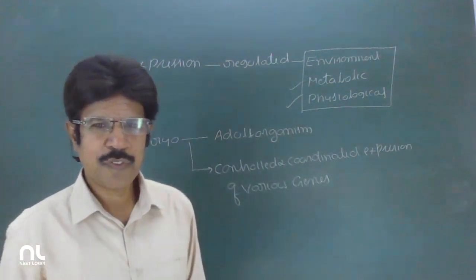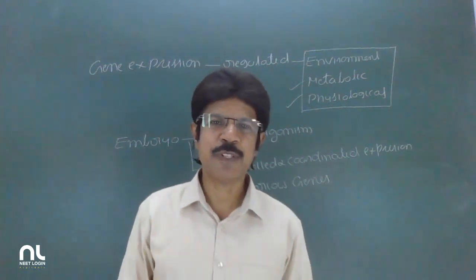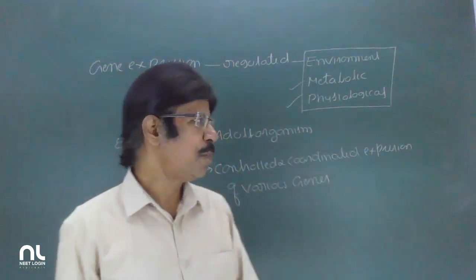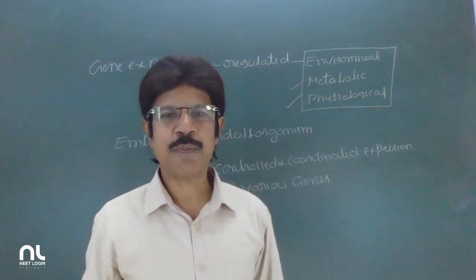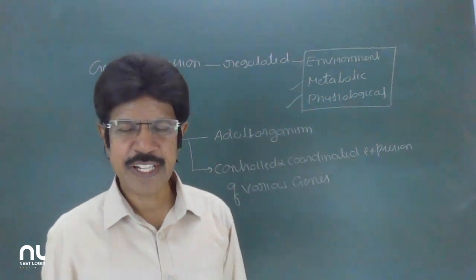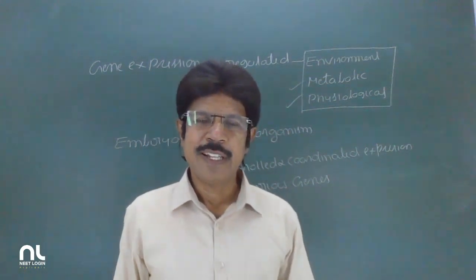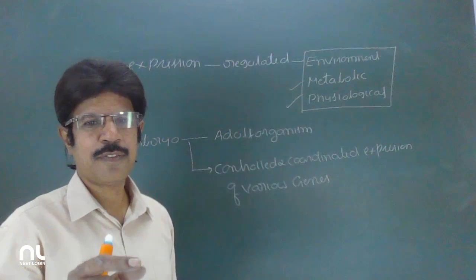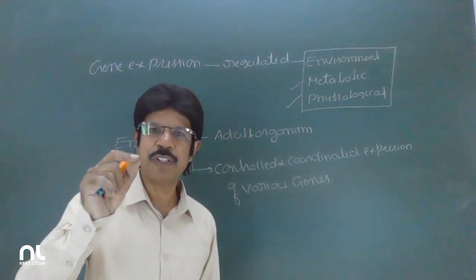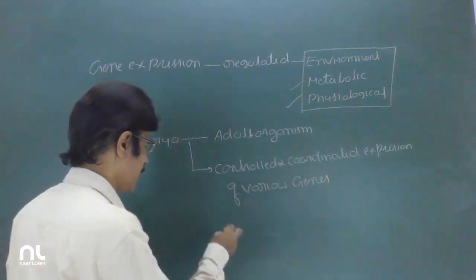If there is any sort of defect in expression of the gene, there is abnormality in the human being. If the gene is not properly expressed, there is no proper enzyme. So hereditary diseases are because of the deficiency of a particular enzyme for a particular metabolic activity.